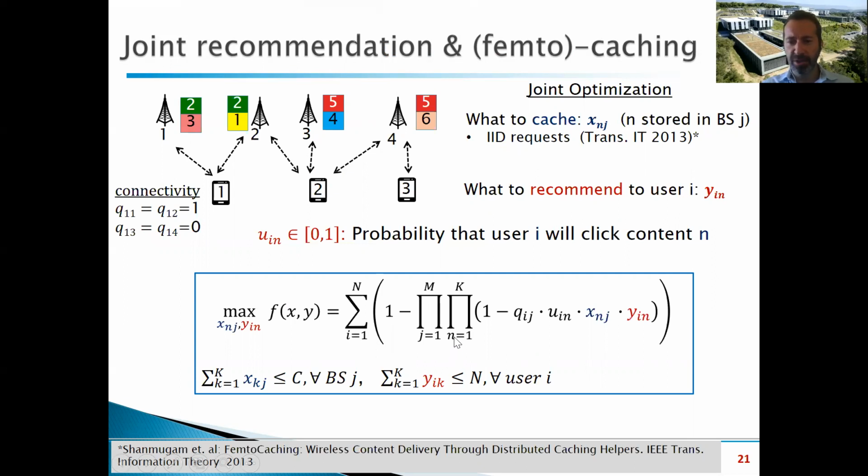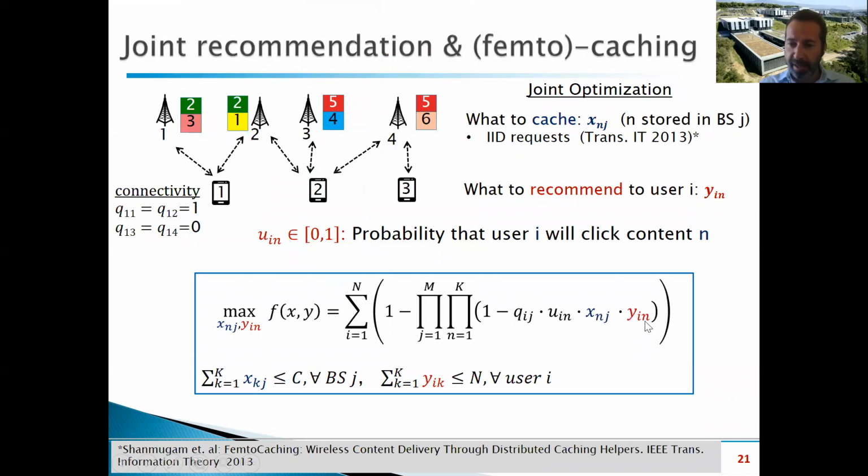It might look scary to some of you, but if you're familiar with the femto caching framework, not so much. It's not so scary. And in fact, what this is saying is the following. I want to maximize the cache hit rate by controlling both sets of variables, what is cached and what is recommended. And the key term is this. What does this term say?